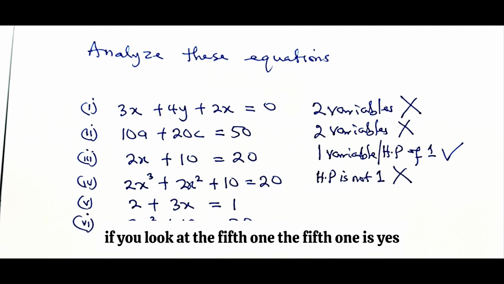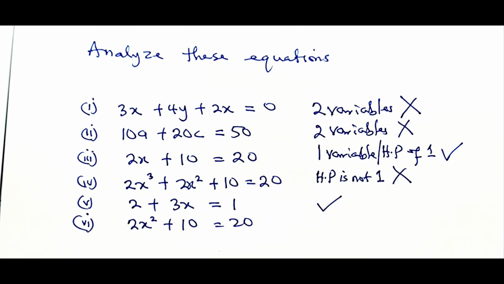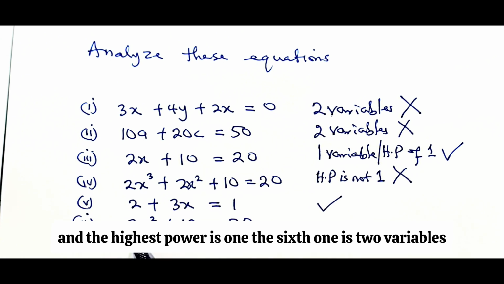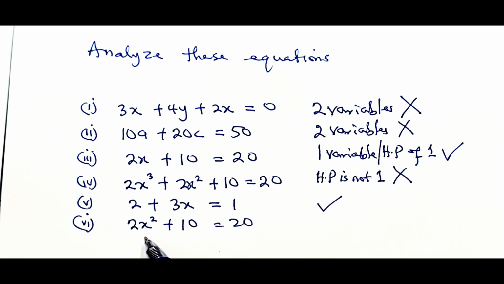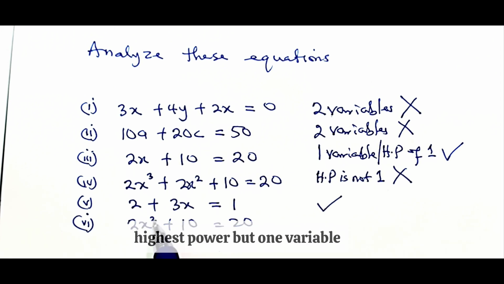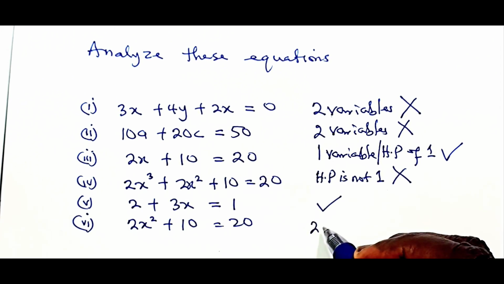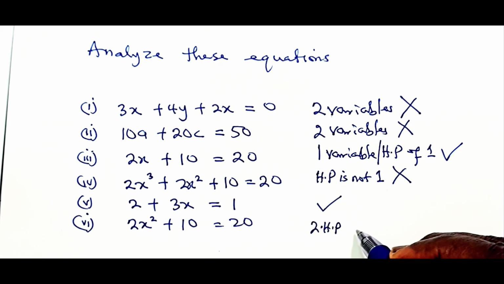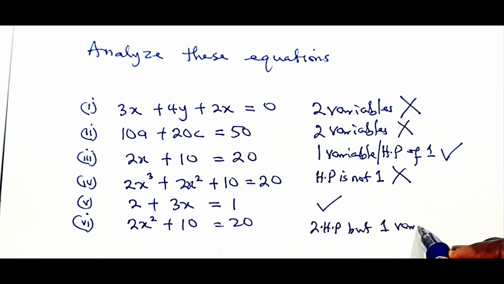If you look at the fifth one, it is yes, and the reason is that it has one variable and the highest power is 1. The sixth one has 2 as the highest power but one variable. So it is not.